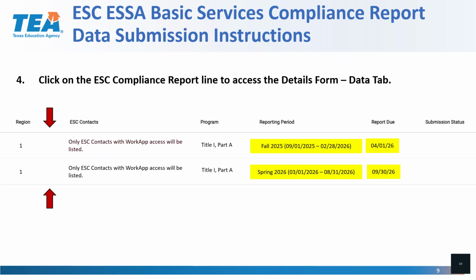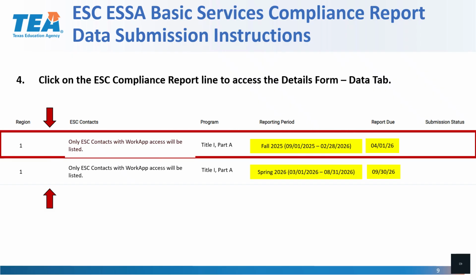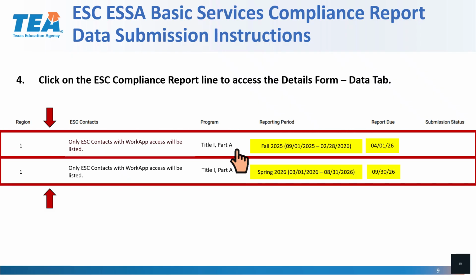Please note that the first line will provide you with access to the fall report, and the second line will provide you with access to the spring report. To access the Details Form Data tab where you will enter your data, please select and click on the ribbon line for the fall report.